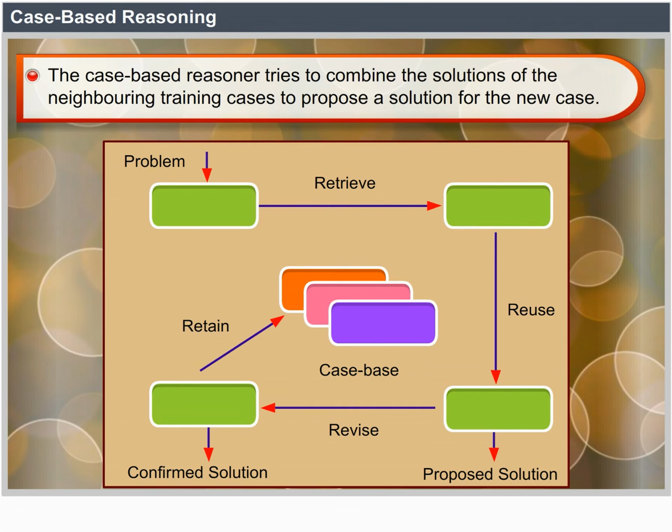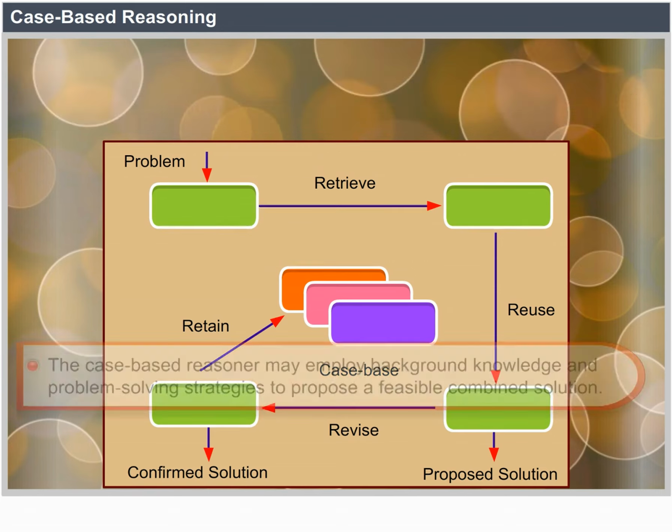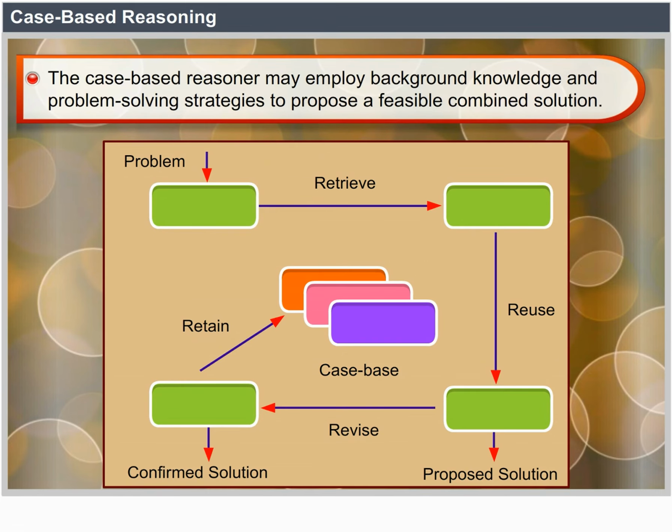The case-based reasoner tries to combine the solutions of the neighboring training cases to propose a solution for the new case. If incompatibilities arise with the individual solutions, then backtracking to search for other solutions may be necessary. The case-based reasoner may employ background knowledge and problem-solving strategies to propose a feasible combined solution.